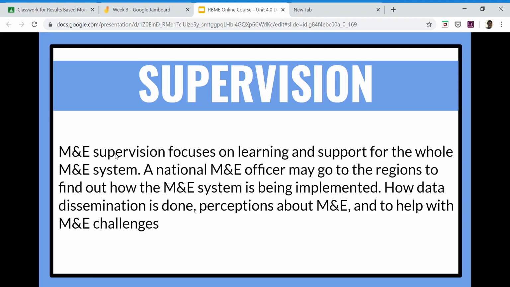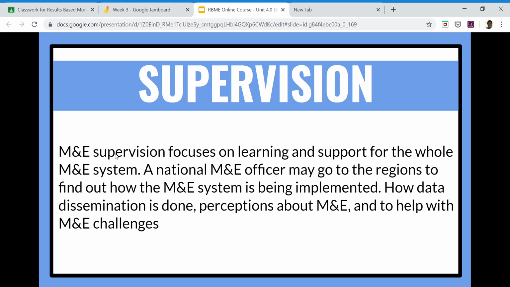So the supportive supervision is all about the 12 components, making sure that, for instance, yes, we are able to get an organogram that favors monitoring and evaluation in an organization or in a project or in a program. It tries to look at, yes, we have a proper costed work plan, or an organization or the ones in the region have a proper M&E costed work plan or an M&E plan.